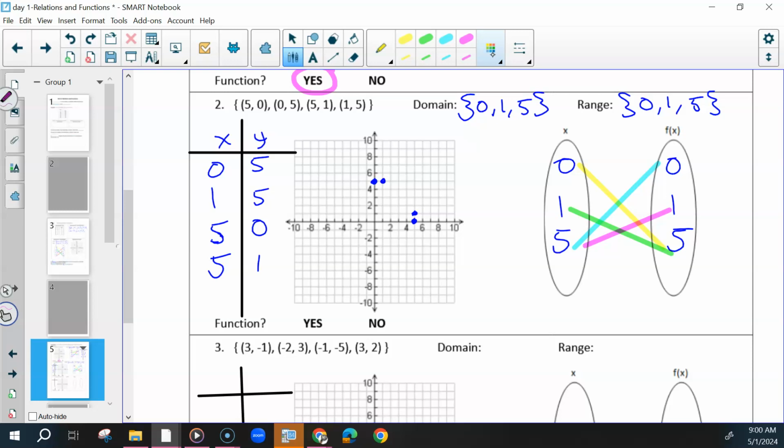As we're looking at our ordered pairs, the table, the graph, the mapping, do we have repeating x values? Yes. What is that repeating x value? 5. So you could find that in the ordered pairs, in the table, in the graph, or in the mapping.